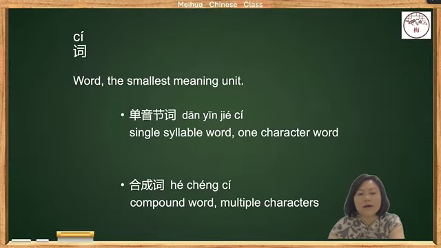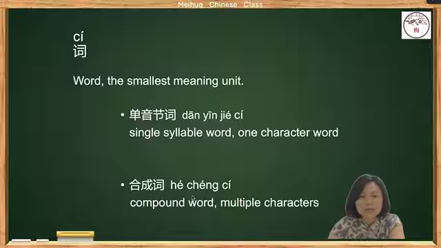So, what are other types of words? If it's not single syllable, it must be multiple syllables, right? Two syllables or three syllables or even four syllables. So this type of word, we call it compound word. Compound word means more than one syllable, right? It is made up of multiple characters.